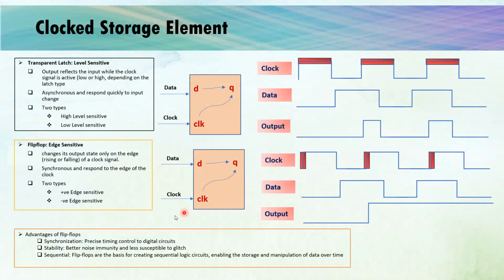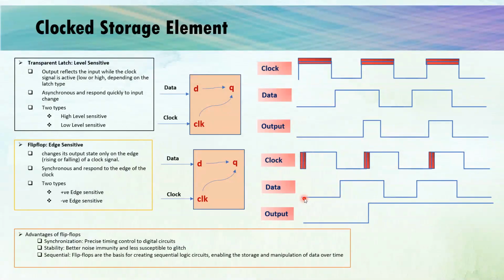I can explain this advantage with the latch diagram that we have already seen. If there is any noise within this particular region, that noise will also get into the output, right? But that is not the case here, as our flip-flop is only active for a particular edge only.